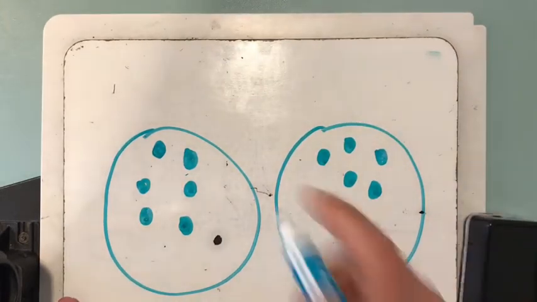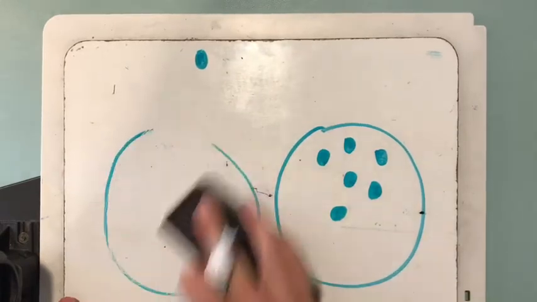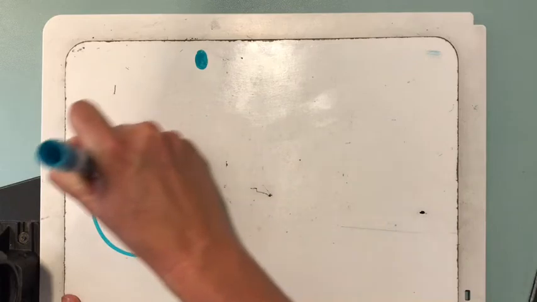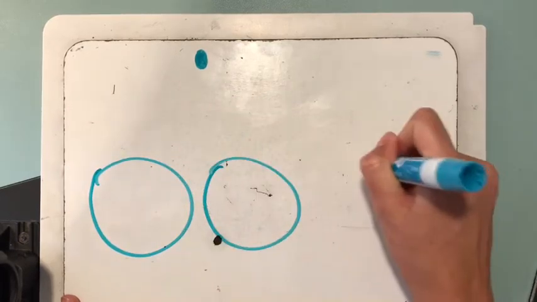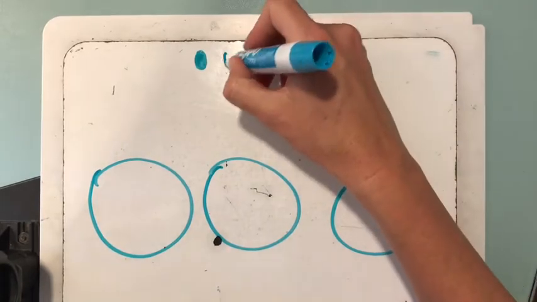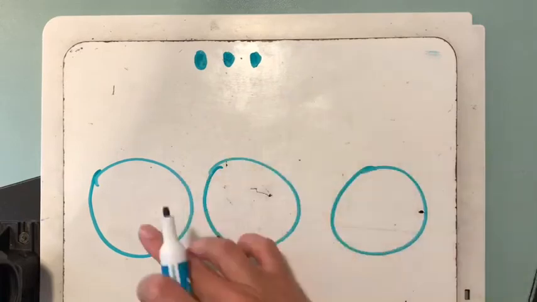Okay. Now I want you guys to try. Now I still have 12 markers or 12 dots. So I have 12 dots, but I have 3 groups now. If you want, you can draw 12 dots up here first and then put them in and erase them one at a time.